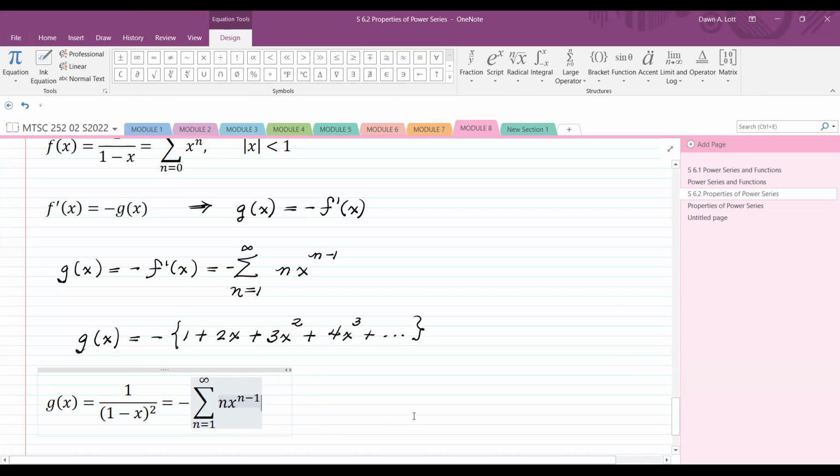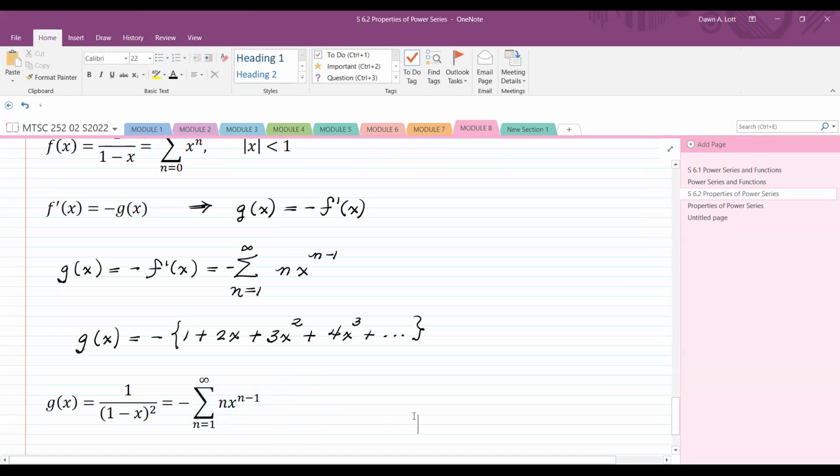So I found the power series for another function just from knowing the power series of the one we already know.